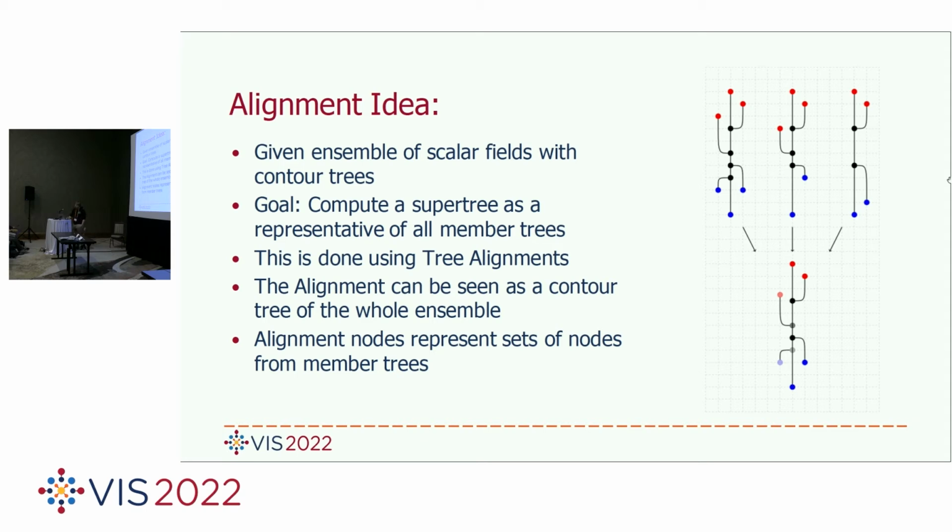So, for example, here, this one maximum in the middle, it appears in all three trees, whereas this maximum on the left here only appears in 2 trees. And we can also visualize this. For example, in this image here, we chose to visualize this via the alpha value or the opacity. And then you can see which features of the contour tree appear in a lot of members and which features appear only in a few of them.